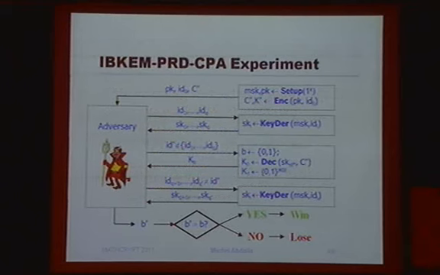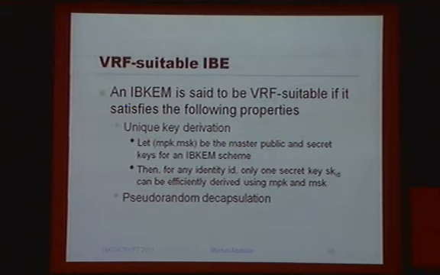Based on these definitions, we can build what we call a VRF-suitable IBE. The definition says that the IBE must satisfy this property, which we call pseudo-random decapsulation, and then a property that is the hard part, which we call unique key derivation.